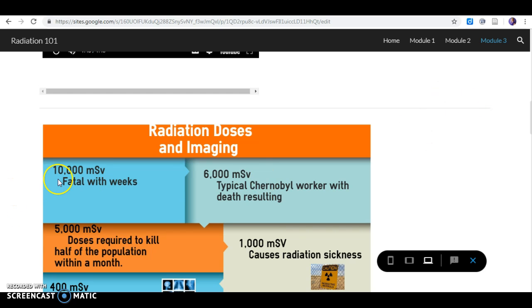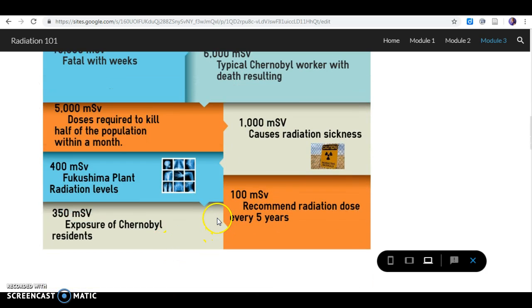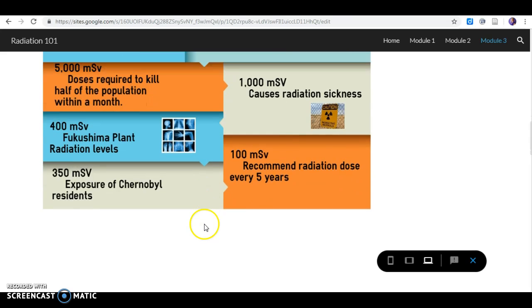So as you look, first, 10,000 millisieverts, the person would be fatal within weeks. 6,000 millisieverts is a typical Chernobyl worker with death resulting. 5,000 millisieverts are doses required to kill half of the population within a month. 1,000 millisieverts causes radiation sickness. 400 millisieverts was the Japan plant accident. Those are the radiation levels. And then you have 100 millisieverts is the recommended radiation dose every 500 years. And 350 millisieverts is the exposure of Chernobyl residents.